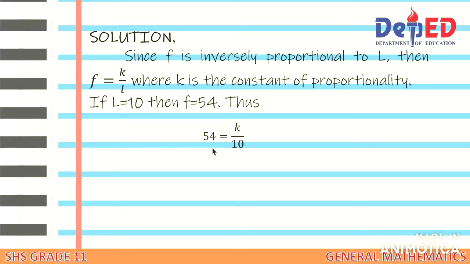So, let's solve for the value of K. Of course, we have to cross-multiply this. 54 times 10, and then K times 1. Ma'am, saan po yung 1? So, again, the denominator of all whole numbers is always 1. Okay, now, 54 times 10. Yan. So, K is equal to 540.